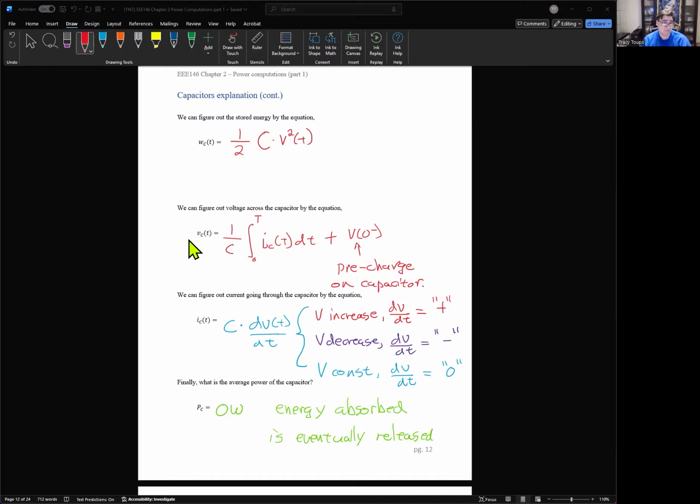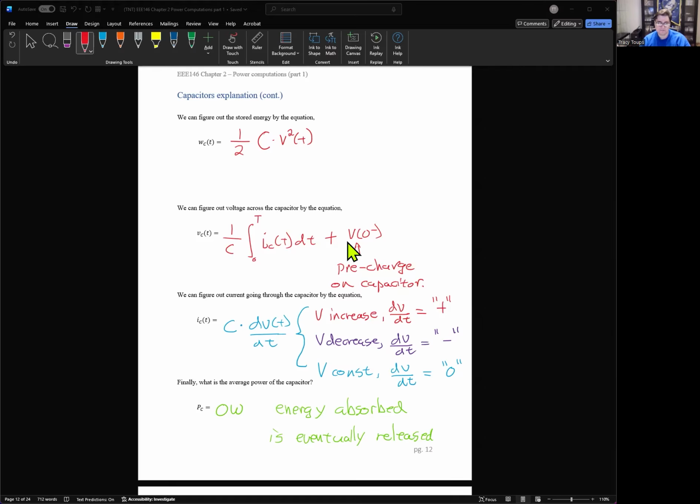Okay. If this is negative 10 volts, I want to get this to a positive 10 volts, then my current needs to work 20 volts worth of voltage to eventually get 10 volts. That's why you need to keep track of this pre-condition or the pre-charging of the capacitor. Very, very important. Otherwise, your equations will never work out.